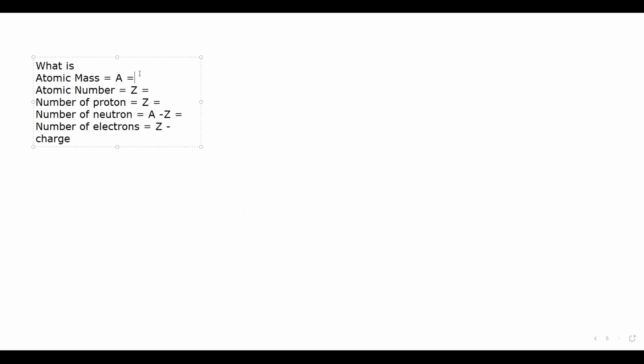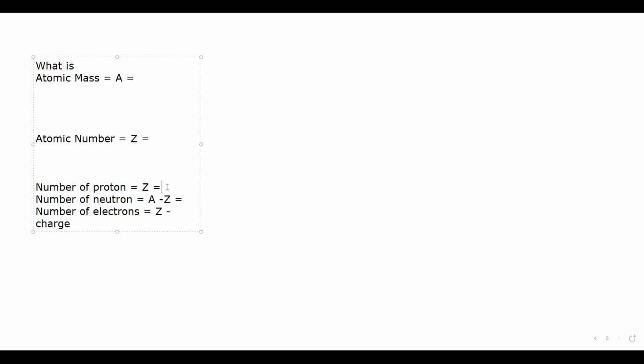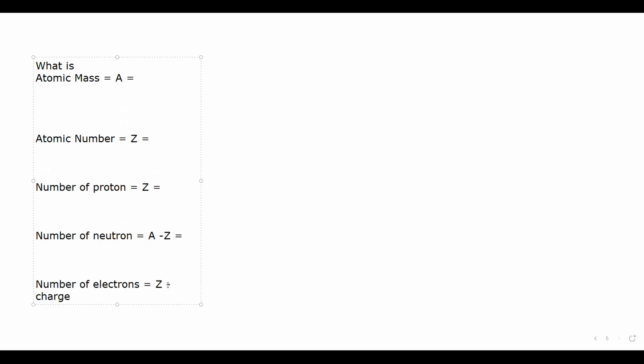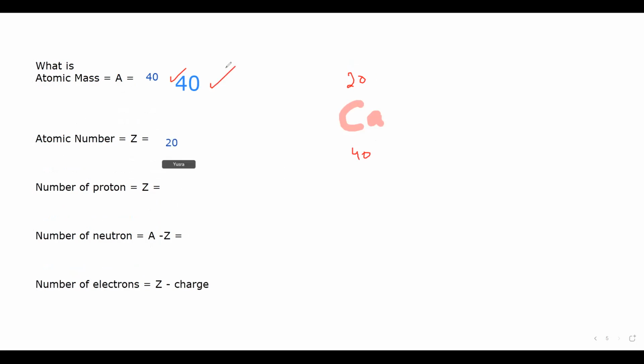Another example. So we have the element calcium, which is 20 and 40. What is atomic mass? You can use the screen annotation. The atomic mass is 40, that's right.